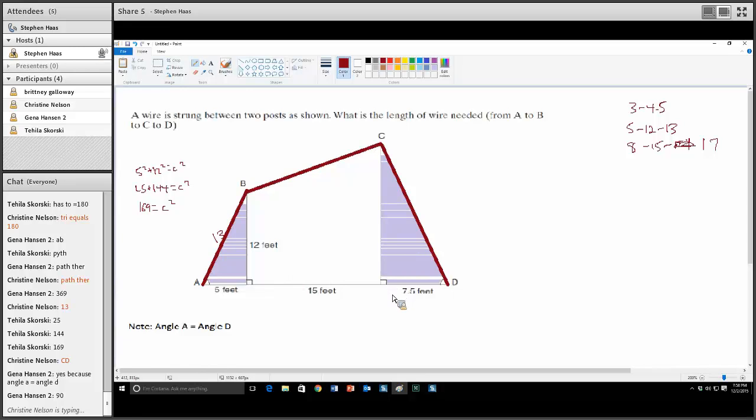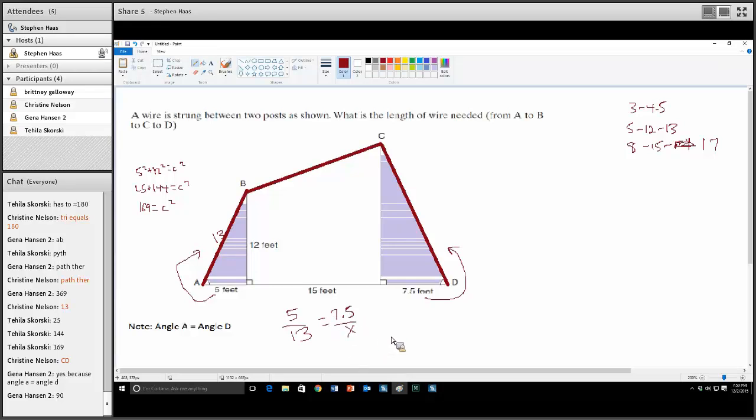What do we know about similar triangles? Their sides are in proportion, right? So that means the 5 is to the 7.5 as the hypotenuse is to the hypotenuse. So we can say the 5 is to the 13, in other words, this is to this as this is to this, because they're corresponding sides of similar triangles, as 7.5 is to x.